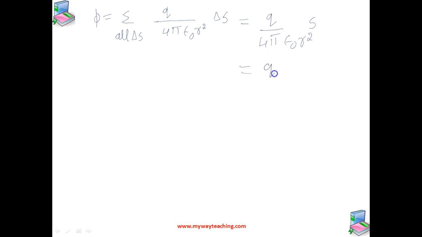We know that, isn't it? So substituting that value, will give Q by epsilon naught.